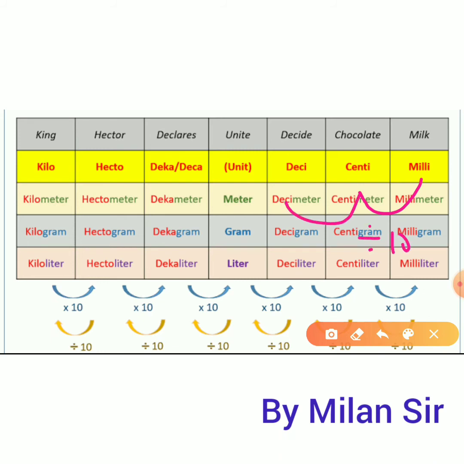From centimeter to decimeter, divide by 10. From decimeter to meter, from meter to decameter, from decameter to hectometer, and from hecto to kilo, again divide by 10 each time.